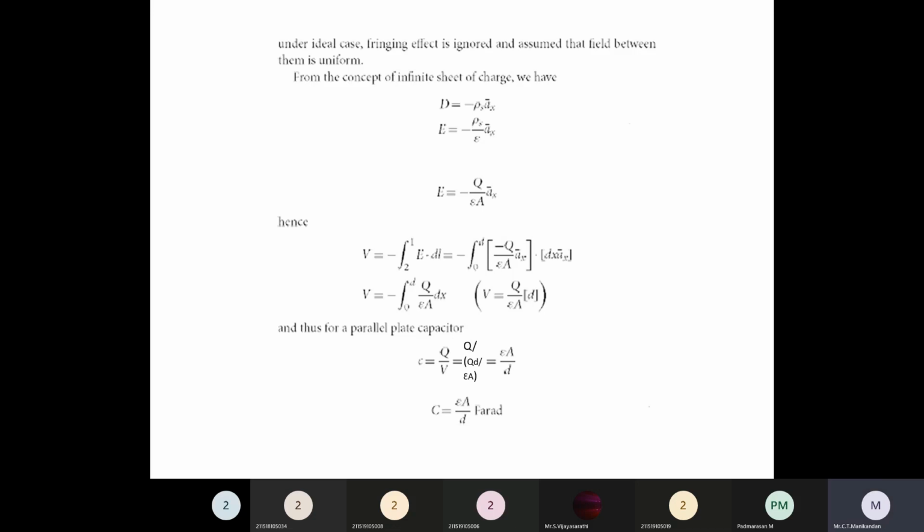We know C equal to Q by V. Q will be constant, and instead of V you substitute in terms of Q, and after cancellation you get C equal to epsilon A by D. Epsilon is called the permittivity of the material, A is the area of the plates, and D is the distance.